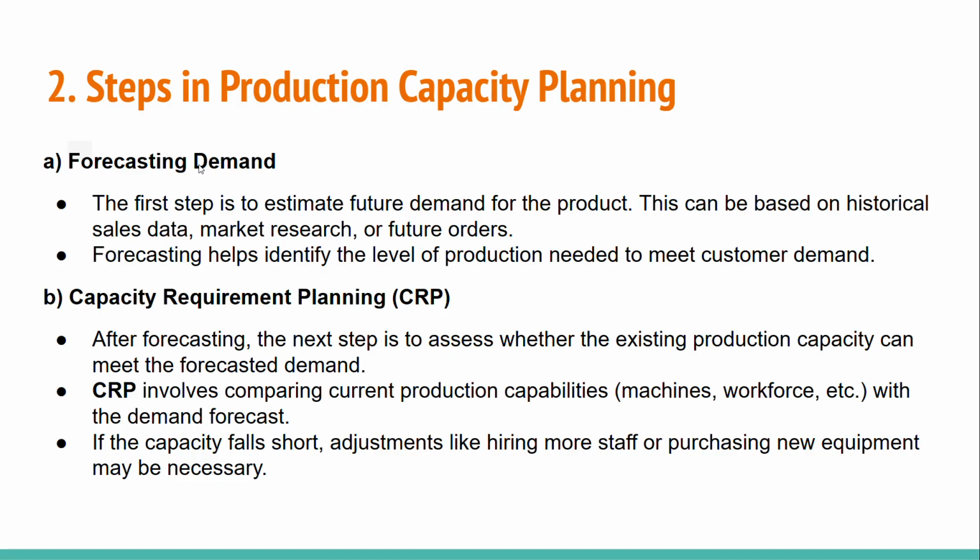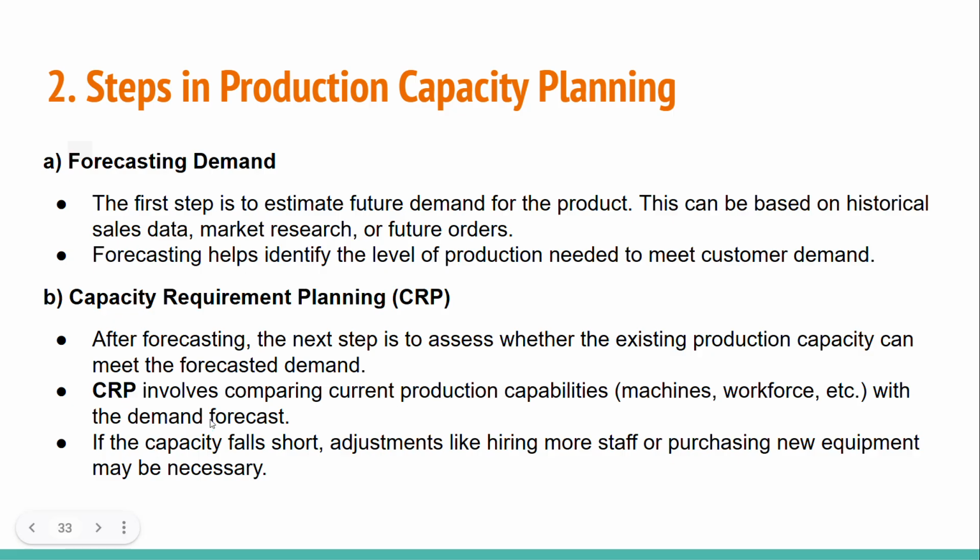So we are going next. Steps in production capacity planning: forecasting demands. Forecasting means we predict how much demand there is in the market. Capacity requirement planning means the next step, to assess whether the existing production capacity can meet the forecasted demands.